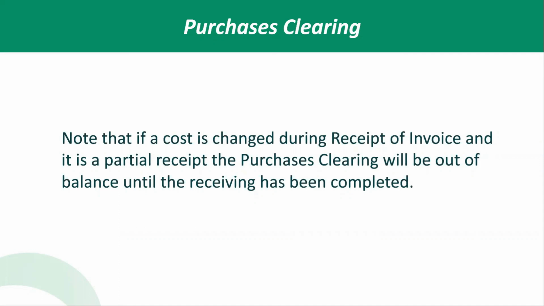So you put 5 invoiced and you change the cost, that will cause the purchase clearing to go out of balance. Once you get your next invoice and that purchase order gets completed, it catches itself up. So if you have that situation happen a lot, it can be quite the challenge to keep that balanced.